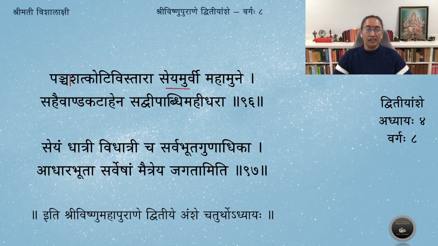Seyam dhatri vidhatri cha sarvabhuta gunadhika adharabhuta sarvesham maitreya jagatam iti. He Maitreya, esha eva seyam dhatri. This bhumi is your dhatri. She is the supporter for everything, palayitri iti. Dhatri ityukte, one who protects everything. Vidhatri, janayitri, she also produces everything that is there in this bhumi.